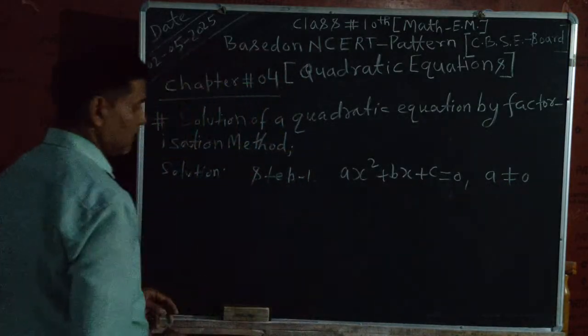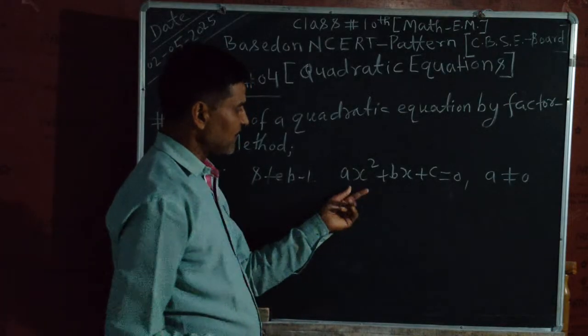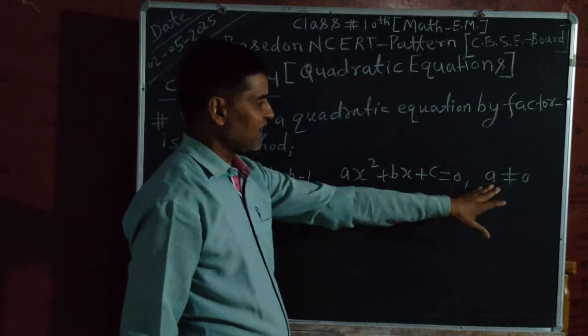Now, in the first step, I will assume ax square plus bx plus c is equal to 0, where a cannot be 0.